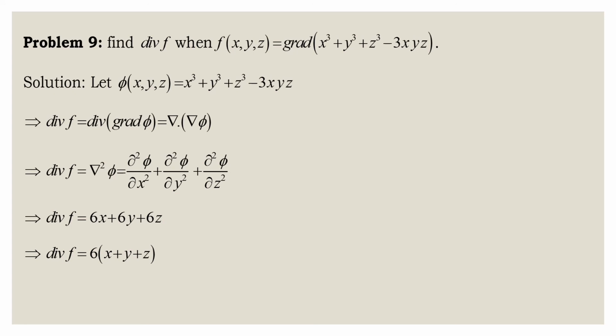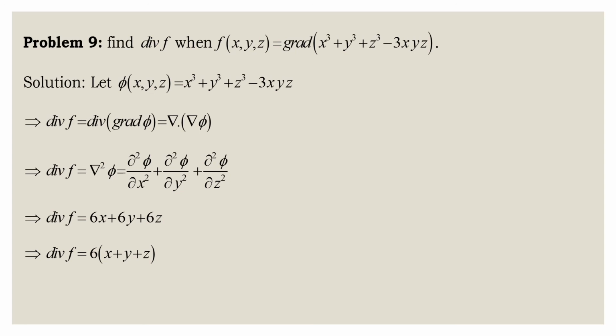So here we can do this problem in two ways. Number one, we can find out the divergence of our grad phi. That means we can find out del dot of i cap dou phi by dou x plus j cap dou phi by dou y plus k cap dou phi by dou z.